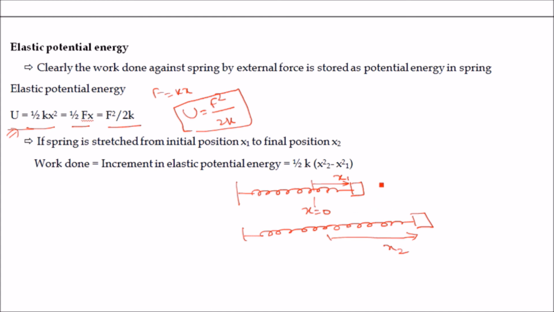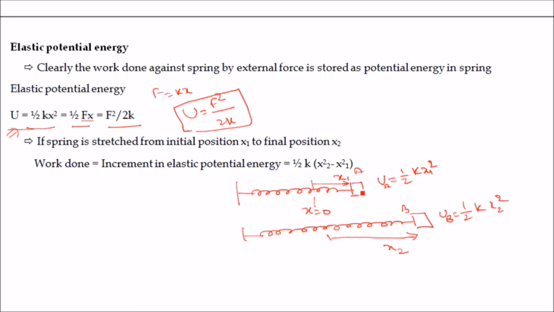In this case the potential energy is equal to half k x1 square, and here the potential energy is equal to, so I just term this as A and this as B, so UA is equal to half k x1 square, and UB is equal to half k x2 square.